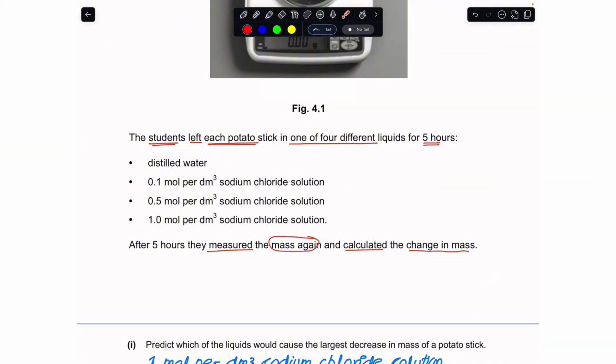Never consider that if you come across the words sodium chloride solution with a concentration of 0.1 mole per dm cube, this suggests that the water is exiting the potato sticks. It can also enter, because students usually believe that wherever there is salt, the water would always leave the potato sticks, but this is not always the case.